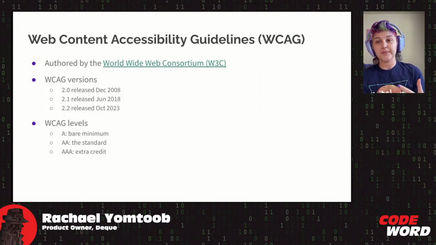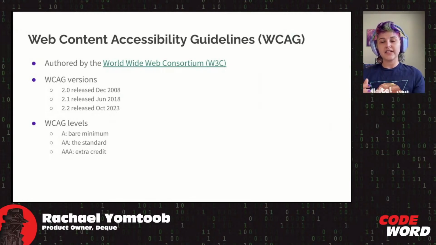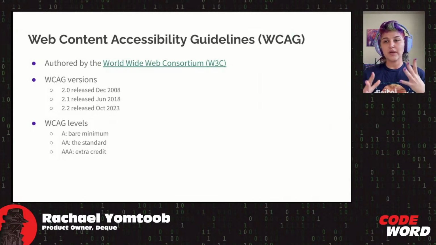That would be almost the bare minimum, but really, people shoot for AA. And AAA is additional criteria on top of AA that is seen more as extra credit. So it's not often what enterprises are striving for. They're usually striving for AA as opposed to AAA.